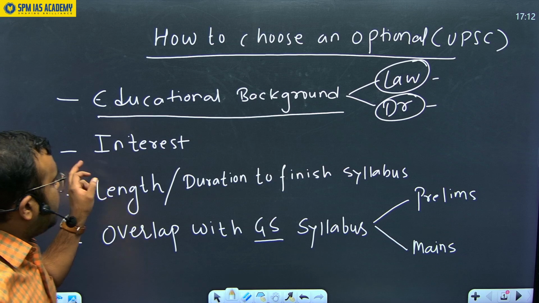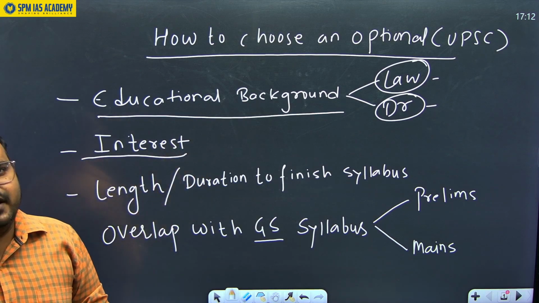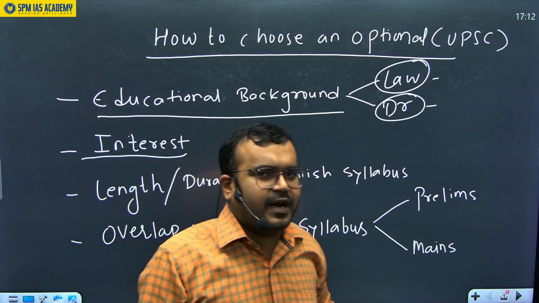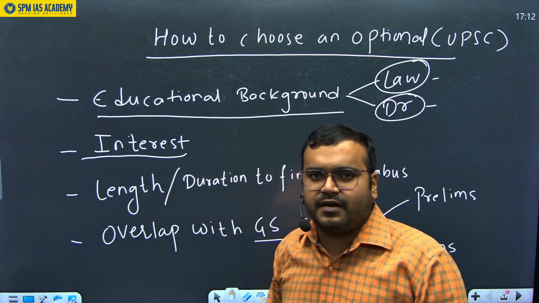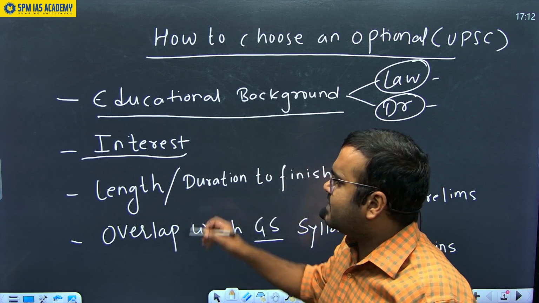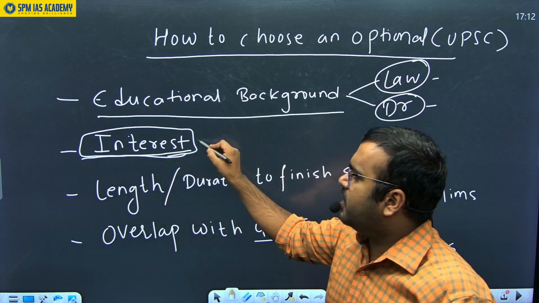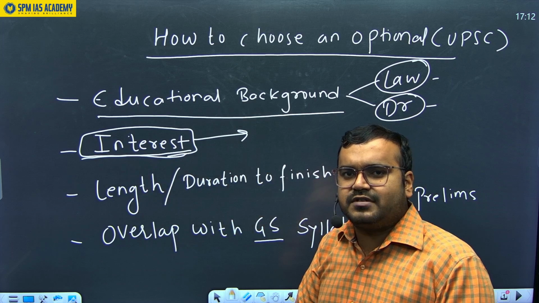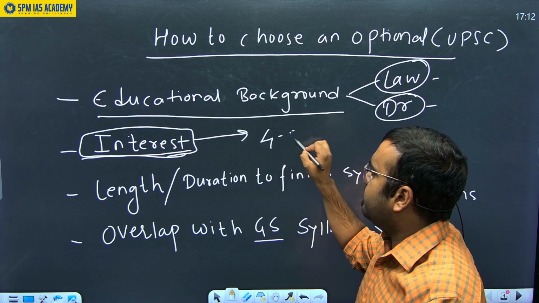Now another thing that matters is your interest. These are very common basic parameters or criteria that most students consider while choosing an optional. Interest is by far one of the most important criteria, because no matter what optional you choose, you have to study that optional for around 4 to 5 months minimum.